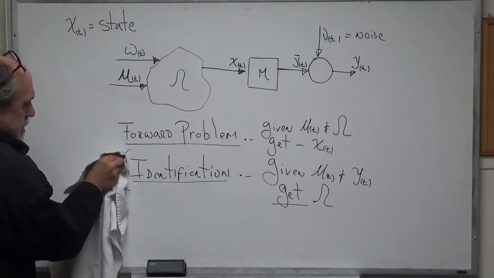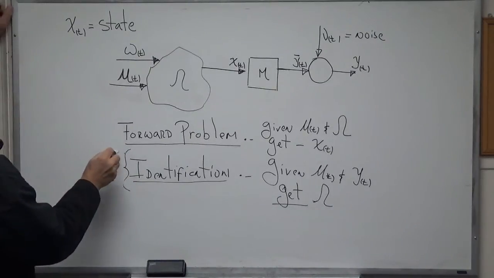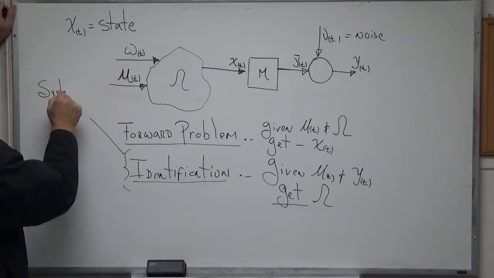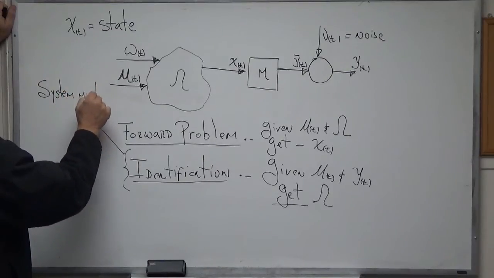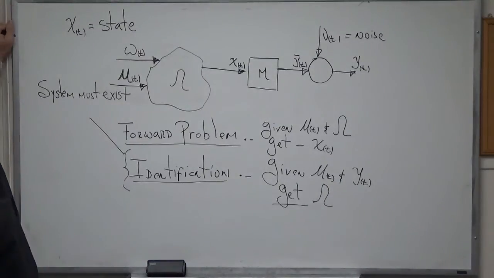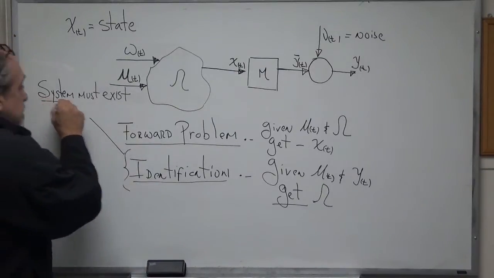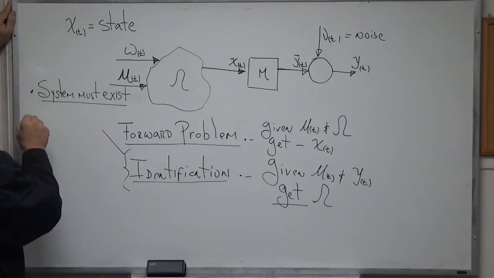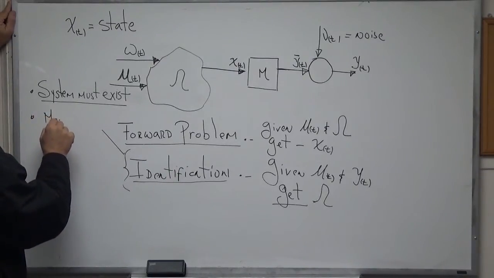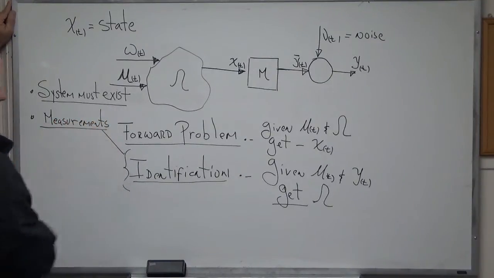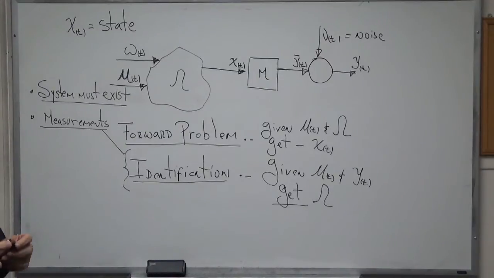More precisely, the system must exist. It cannot be blueprints like we have when we design a bridge or a building. If we're doing system identification, there is some system that exists. In addition, there must be measurements. Measurements must be available, otherwise there's nothing to say.